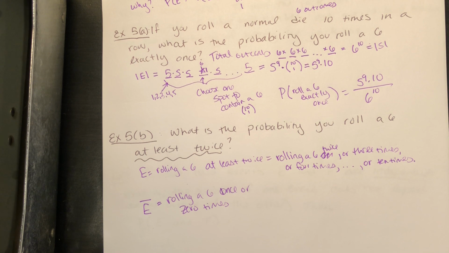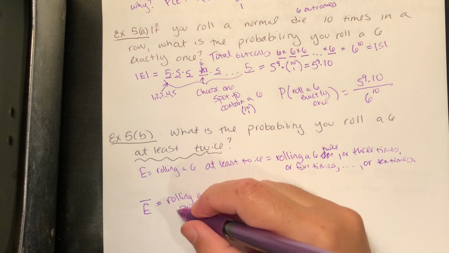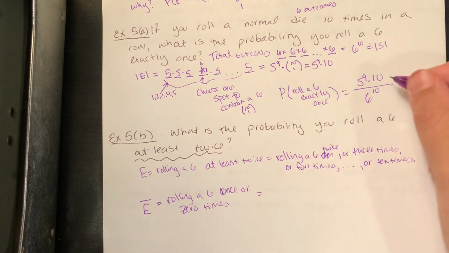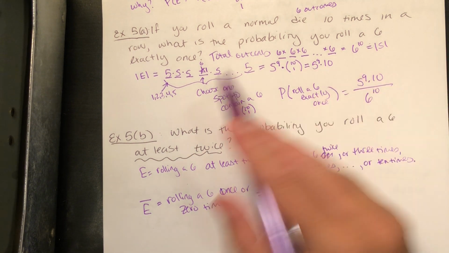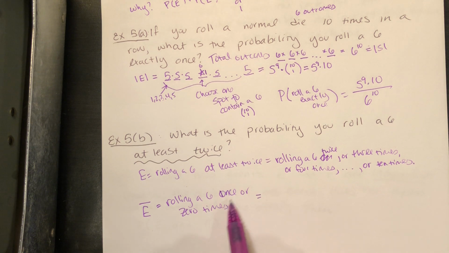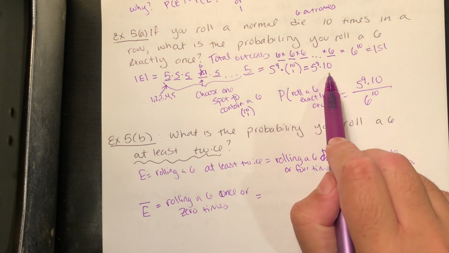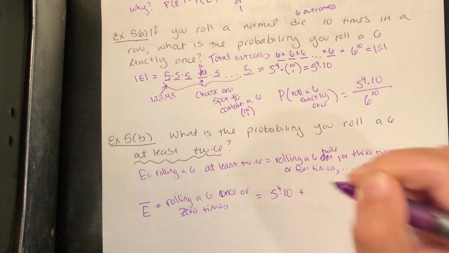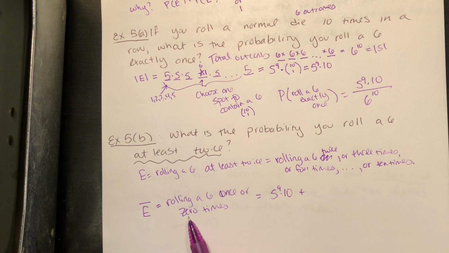Well, we already know how many different outcomes have you rolling a 6 exactly once. That's what we did in the last example. We found that the events where you rolled a 6 one time was 5 to the 9th times 10. But we also want to consider all the outcomes where you rolled a 6 0 times.